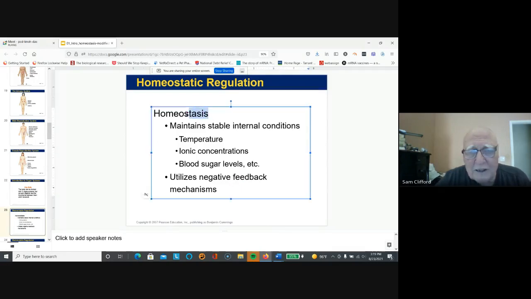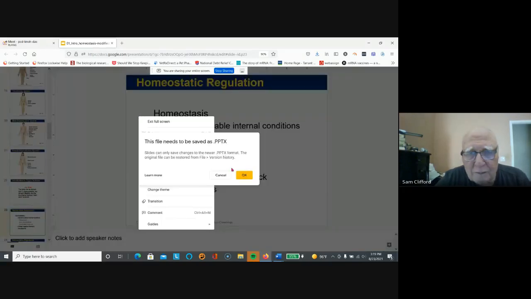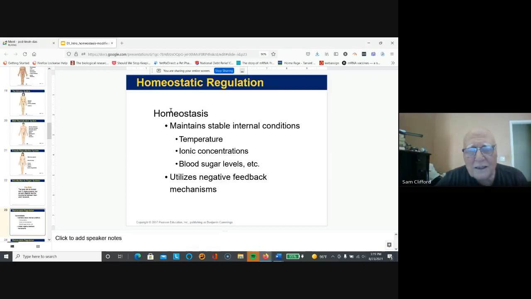and negative feedback mechanisms are involved. So homeostasis is the process that we can maintain our temperature, our ionic concentrations, our blood levels, oxygen levels, all that's homeostasis.